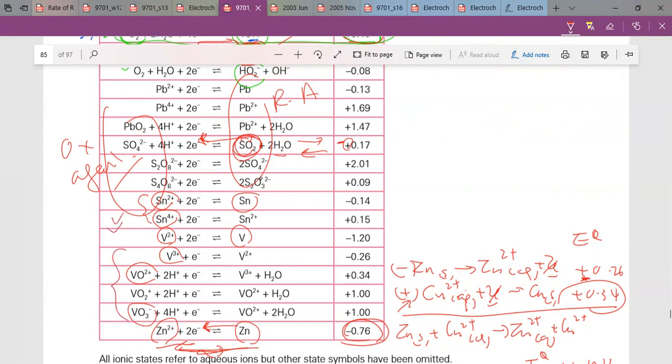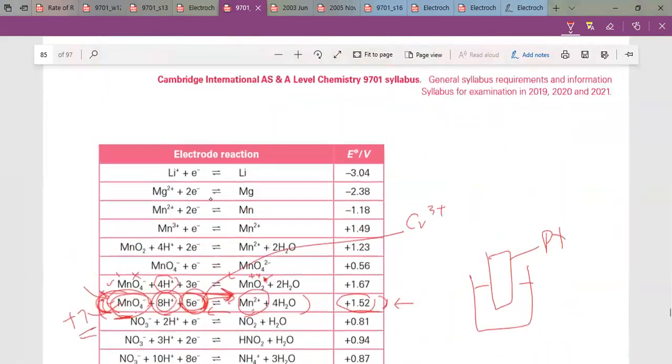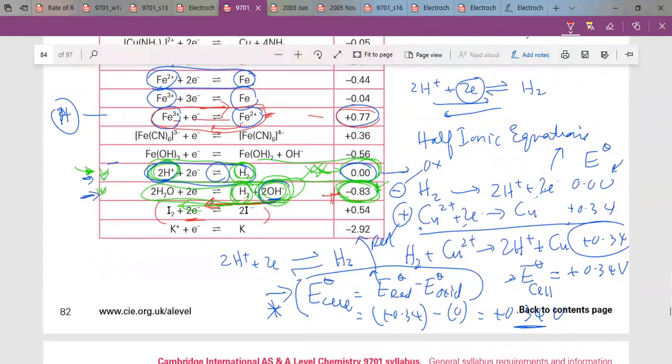Tin and vanadium, they have to tell you, otherwise you have to learn them through practice. Can tin be oxidized to 4 plus or 2 plus by iodine? Iodine here is able to take electrons away from tin.